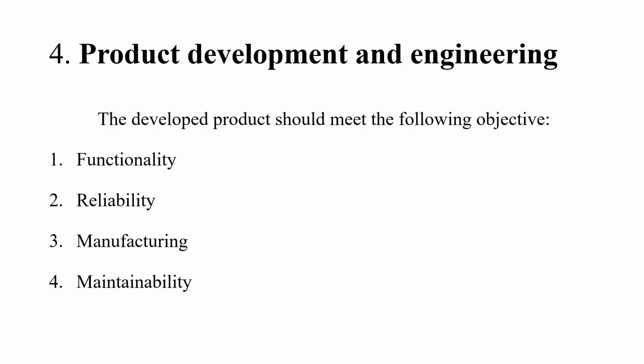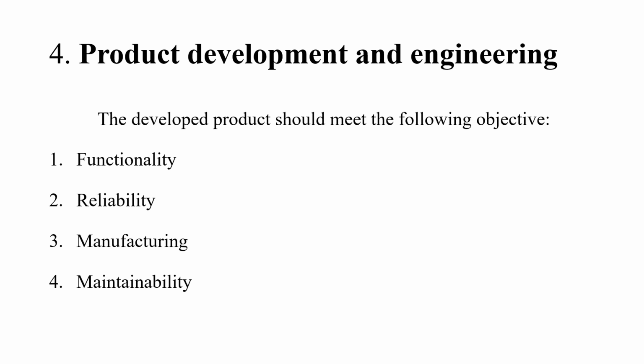Next step is product development and engineering. While developing the product, we should meet these four objectives. First one is functionality. We have to check whether the product is performing well or not. Next one is reliability. We have to check whether the product is meeting the quality standards or not.